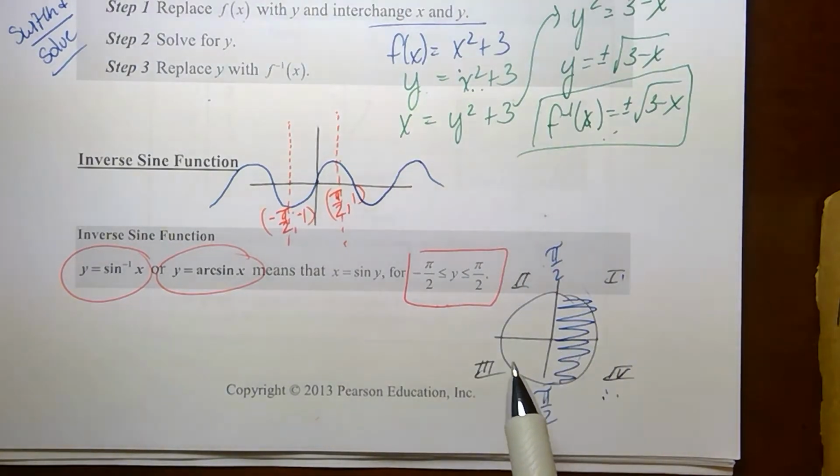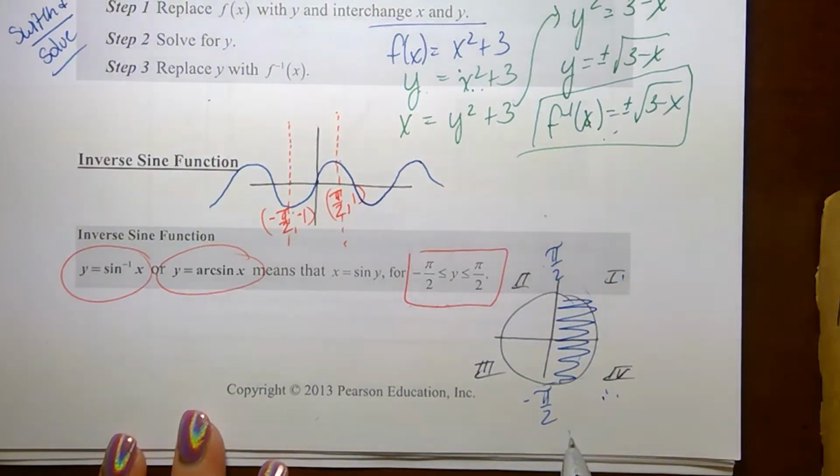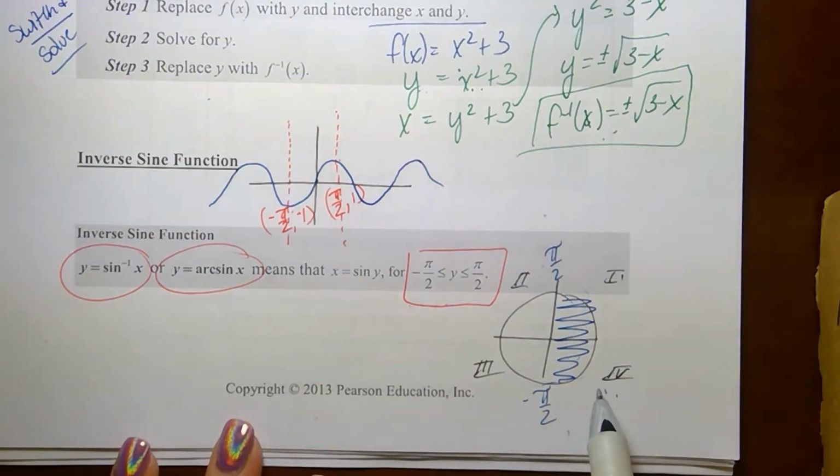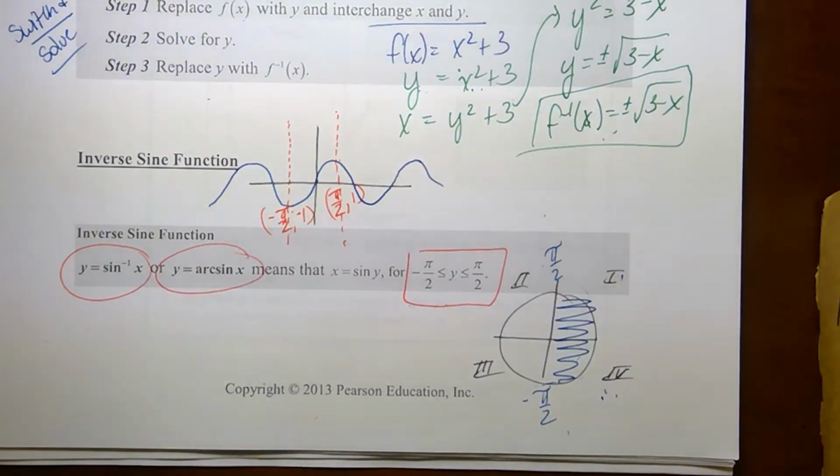We always go in that order, from negative pi half to positive pi half. So if I come up with an angle for a sine function value, it's always going to show up in one of these two. It's going to either be a negative angle in quadrant 4 or a positive angle value in quadrant 1, because that's the agreed upon convention for that restriction.